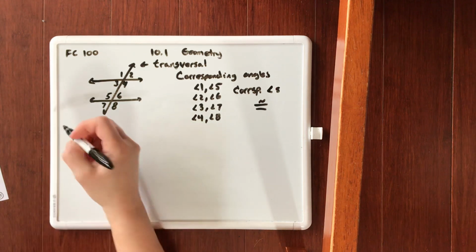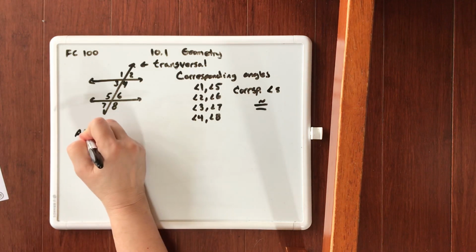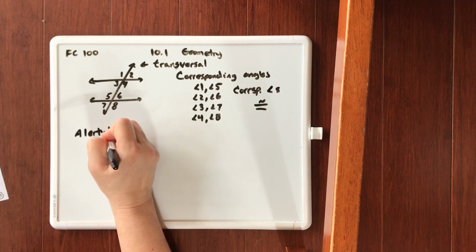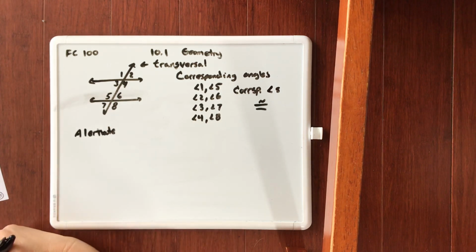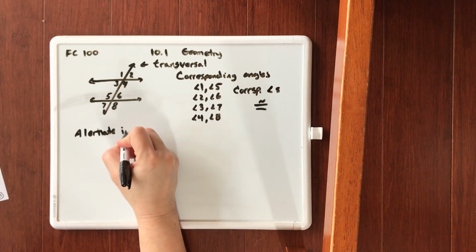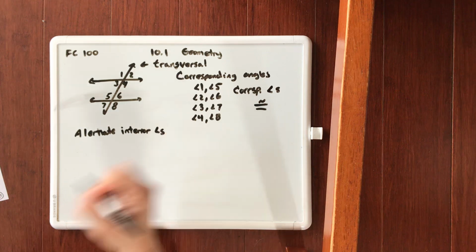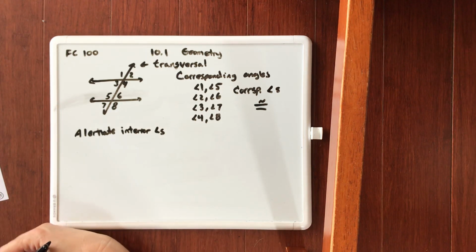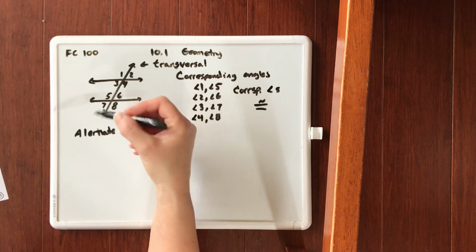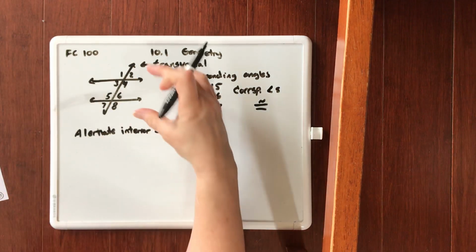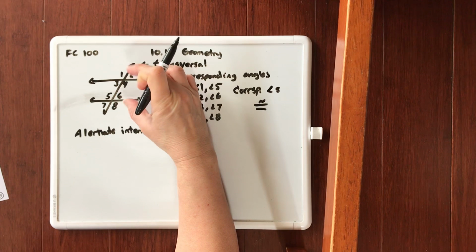All right, we have some more. Alternate interior angles. Alternate means they're on opposite sides of the transversal. Interior means they're on the inside of the parallel lines.